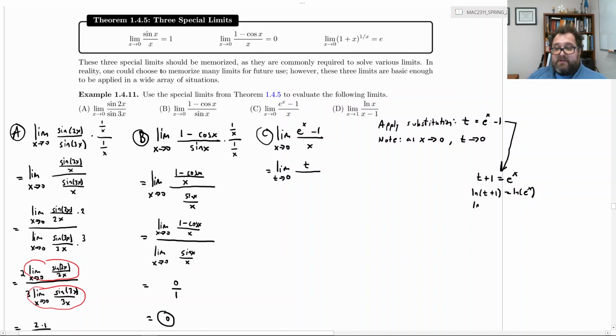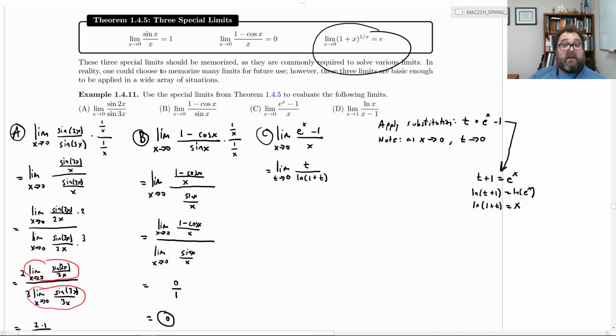So we could say that natural log of, I'm going to write this as 1 plus t, since that's the exact same thing, equals x. And now by substitution, I can go over here and say the denominator is equal to natural log of 1 plus t. Now notice, I'm kind of in the right ballpark now.